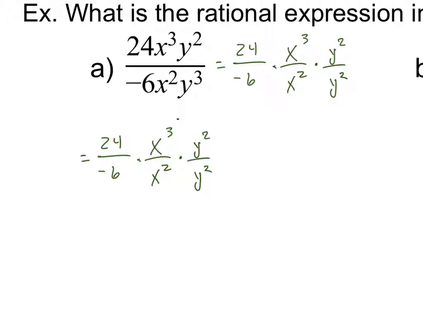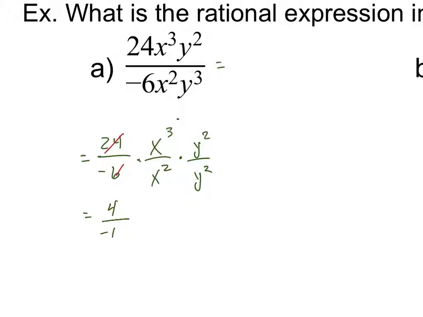And what we can do now is go ahead and simplify by getting rid of some of those common factors. We know that 24 and negative 6 become equal to 4 over negative 1.